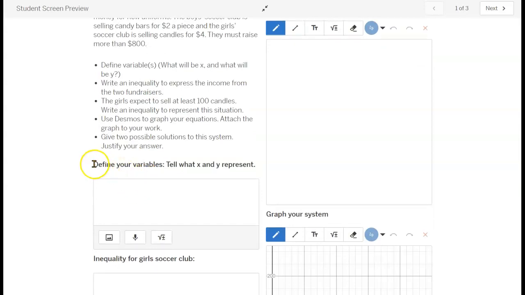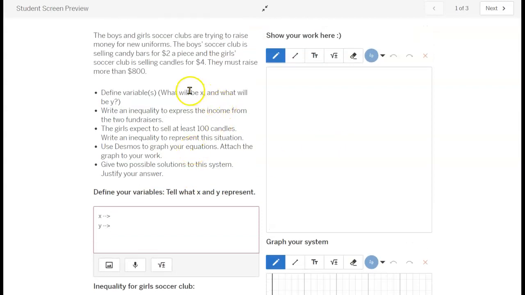So, first part is define your variables. What is your X going to be? And what is your Y going to be? On this, I'm going to call candy bars X, which means candles is Y. It's not technically candy bars.